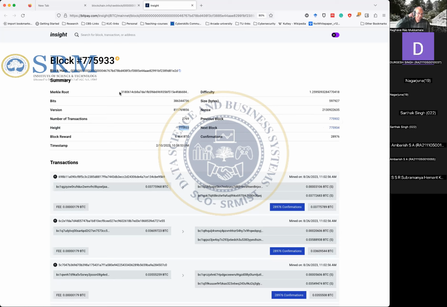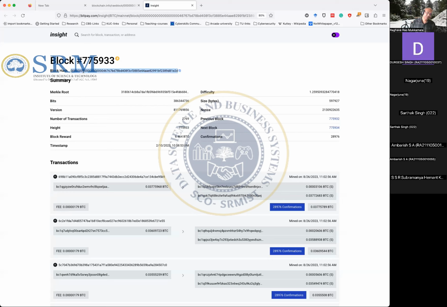But the Merkle root, the root of the hash value of the whole Merkle tree containing the transactions, is included, and the size of the block and the version. Bits is not the size of the block. Bits again refers to the difficulty of creating the block, which boils down to how many zeros you have, and this bits field is related to that.